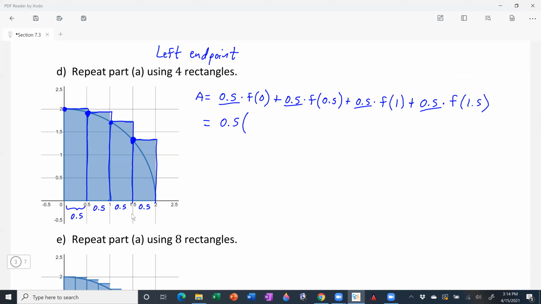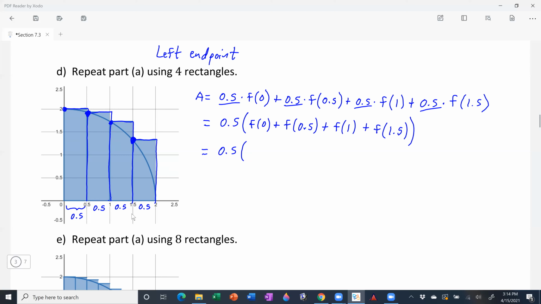So in this sum of rectangles, that will be a GCF. So you can factor out that width, and then it's just going to be all of the different function values. So it simplifies your work a little bit, especially when we're dealing with 4 or 8 or more rectangles. So you can kind of just skip right ahead to that moment as long as you know what the width is. Okay, so simplifies our work a little bit.